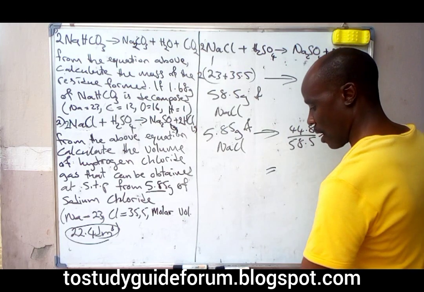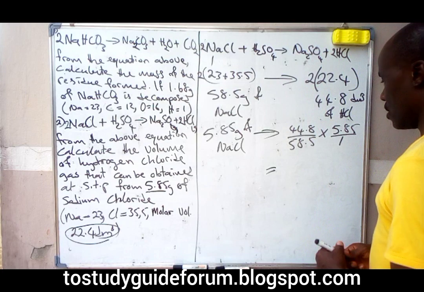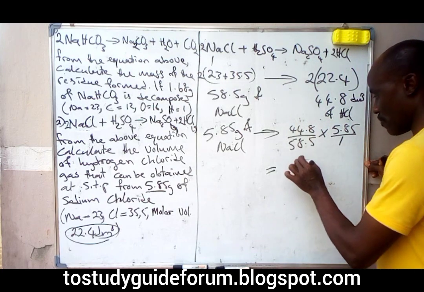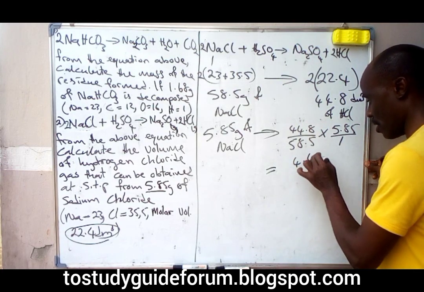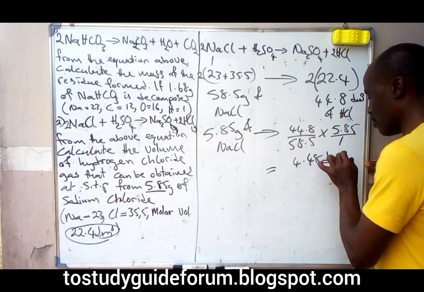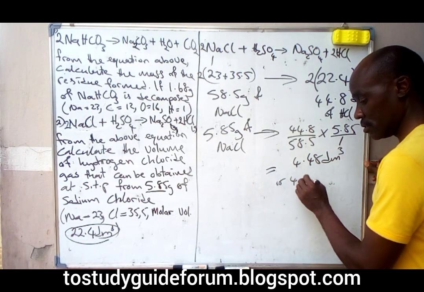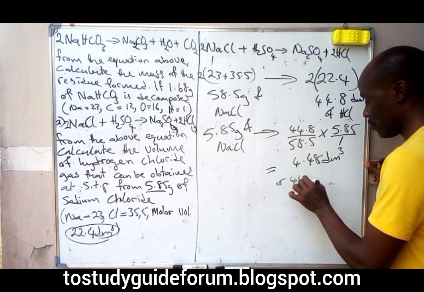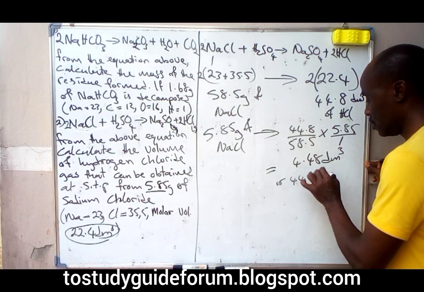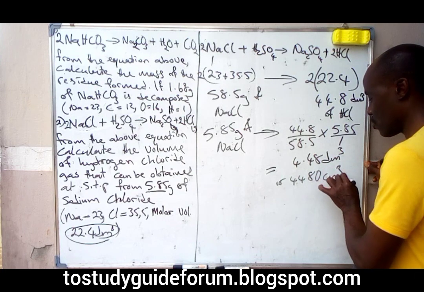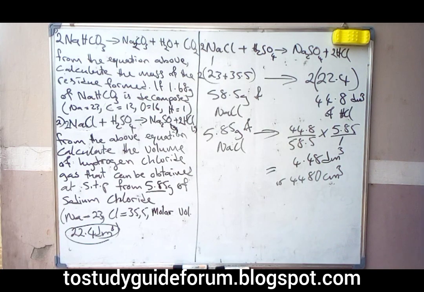So our answer here is 4.48 dm cube, or we can also say 4480 cm cube. 4.48 dm cube is in dm cube, and the other one is for cm cube.